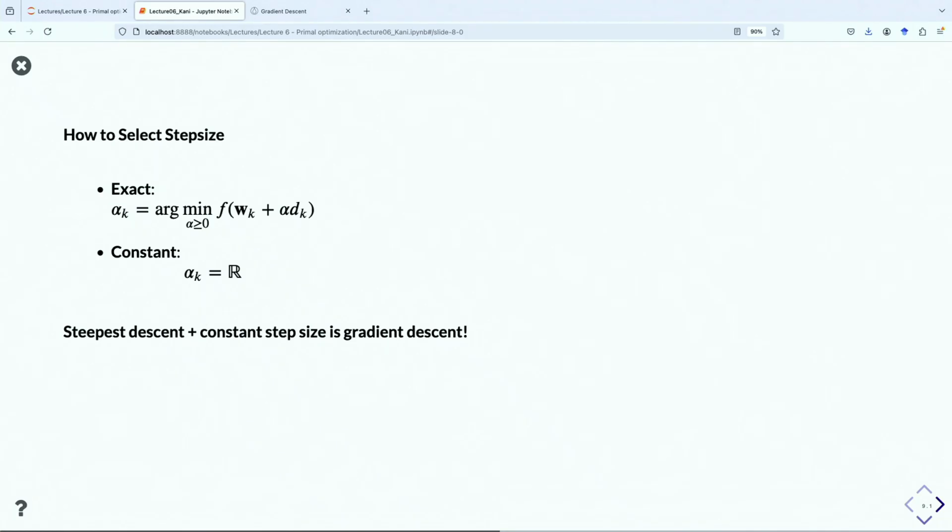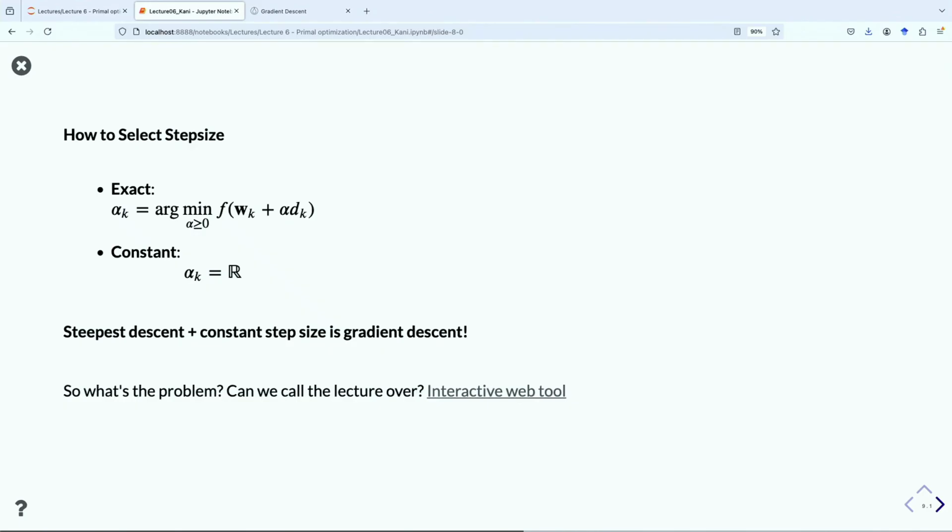So that's one level down on the taxonomy. Iterative algorithms are the parent of steepest descent, and steepest descent is a parent of gradient descent. All steepest descent means is that the direction is equal to the gradient. All gradient descent is that the step size is constant.